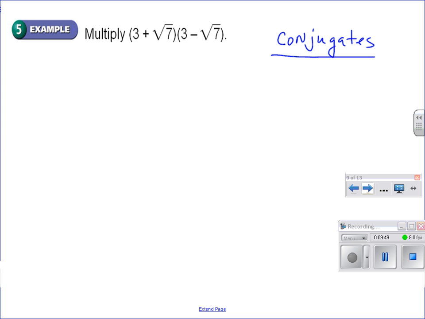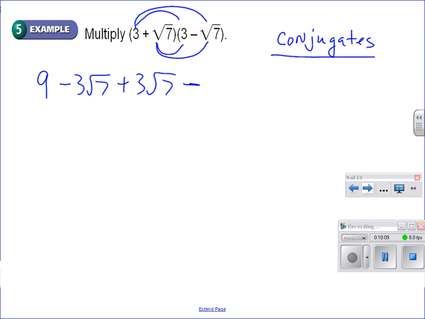But this time I'm going to show it as we go through here. 3 times 3 is 9. I don't know why I'm writing a 3 there. So 9, and then minus 3 square root of 7 plus 3 square root of 7 minus, watch your sign, square root of 7 times the square root of 7 is 7.